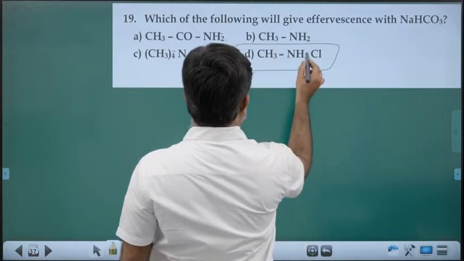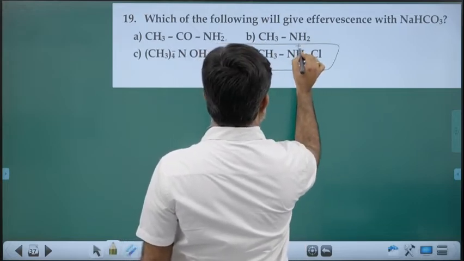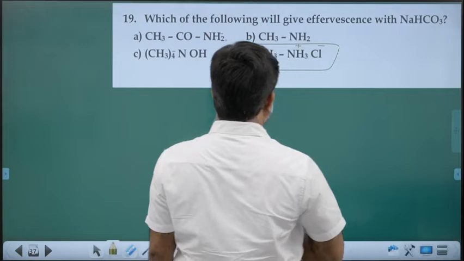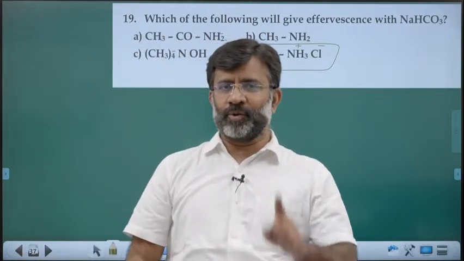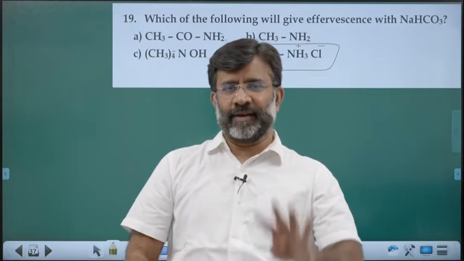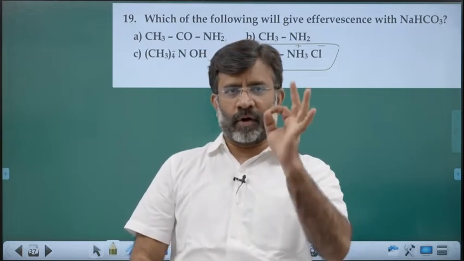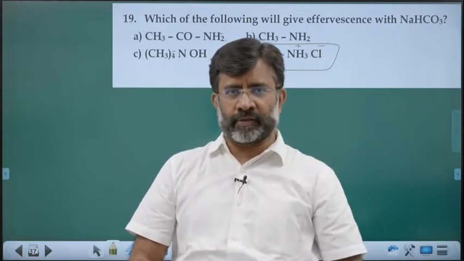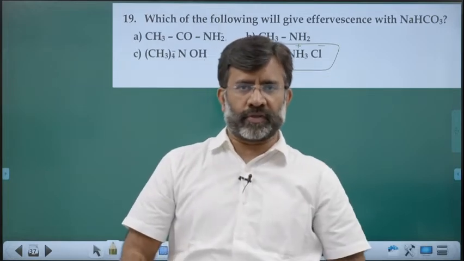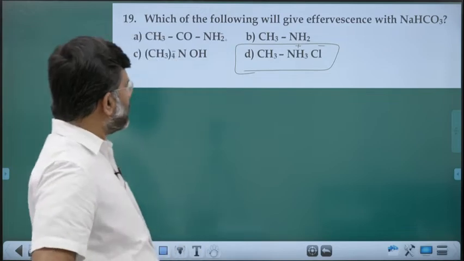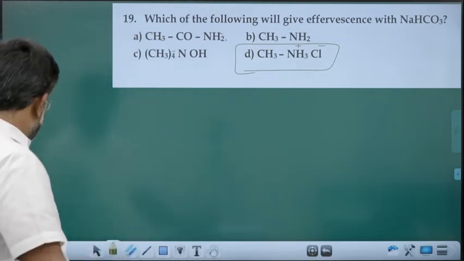Here it is the ammonium cation and Cl minus. It is a salt of weak base and strong acid. The solution is acidic, and that will give you effervescence. Right? And the answer is fourth choice.